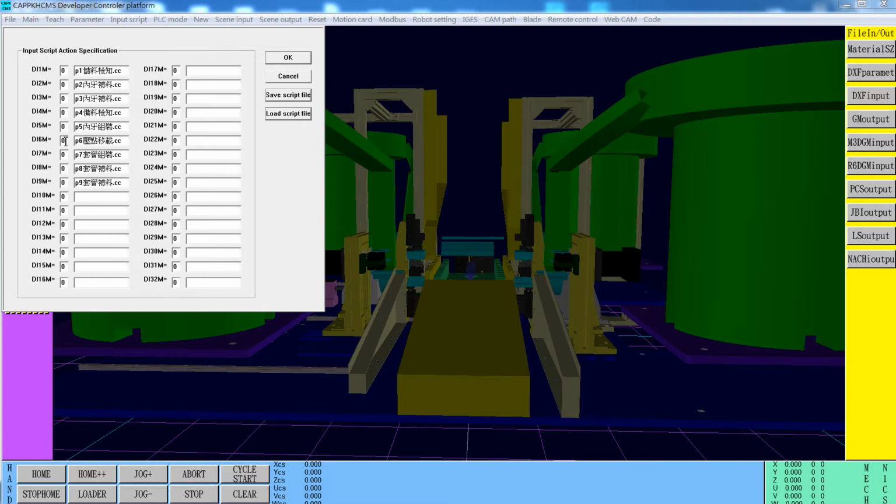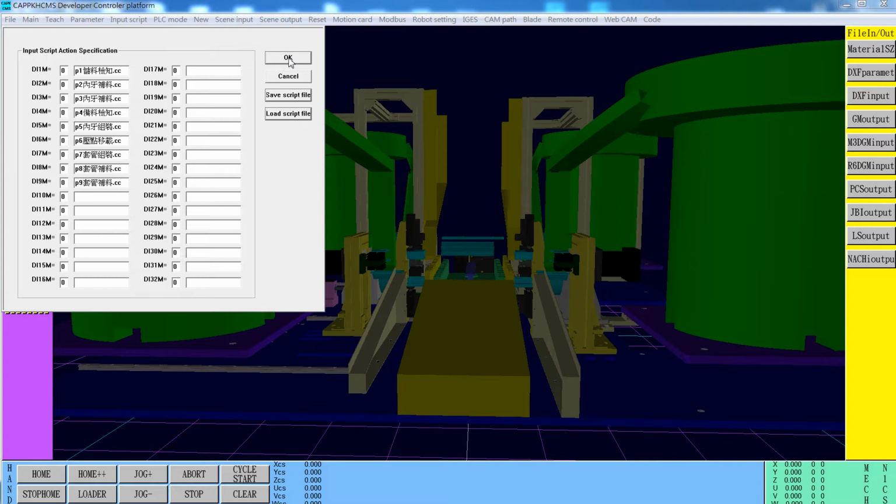When S6 goes from 0 to 1, the script of P6, press and moving script program, will be actuated, and it keeps running and looping until stopped on purpose.